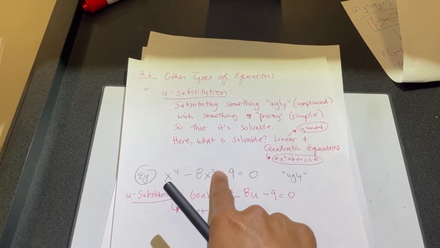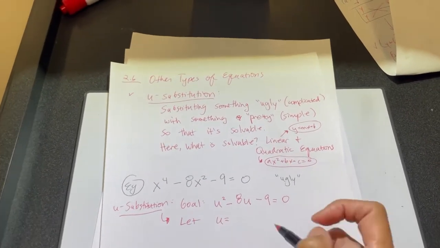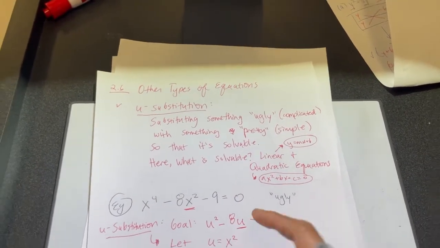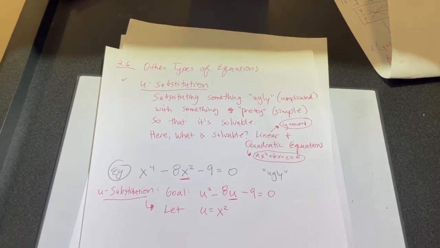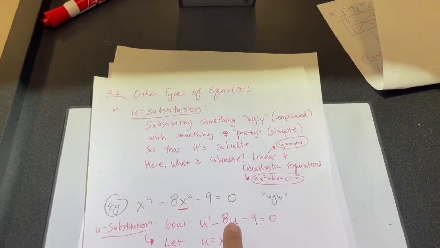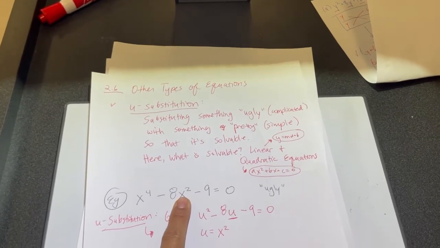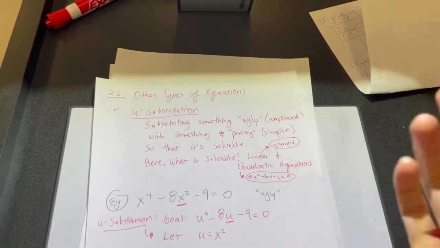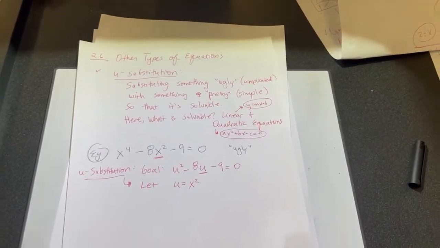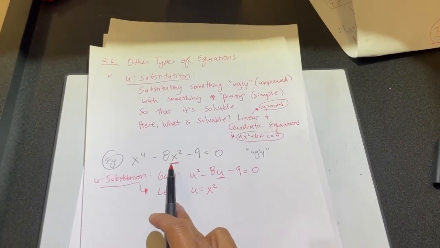X squared. Let u equal to x squared. Then therefore I could substitute, hence the word U-substitution, u in for x squared. Does that make sense? The name explains what you do, right? You're substituting the u in for the ugly part.